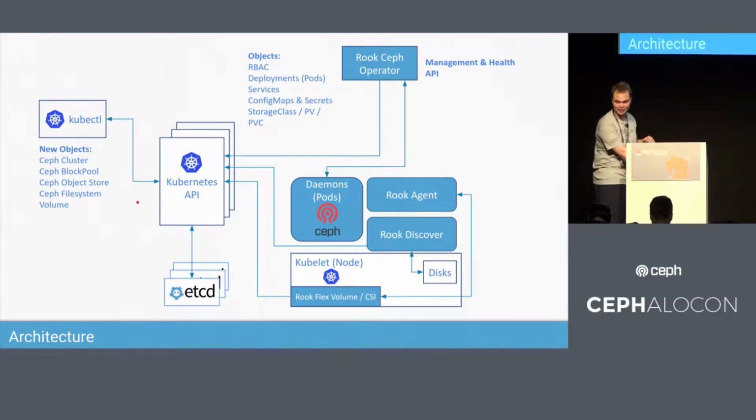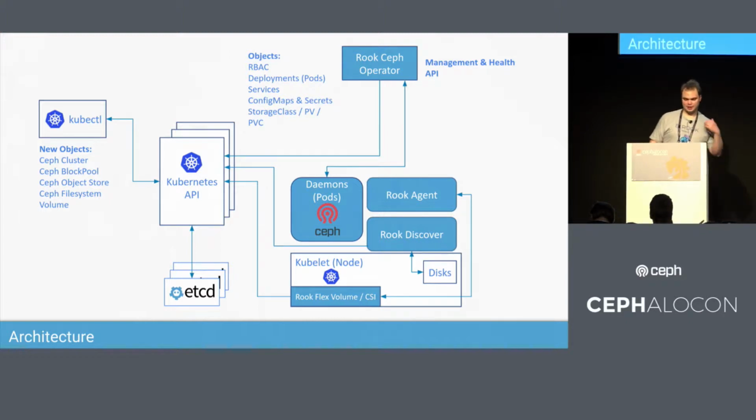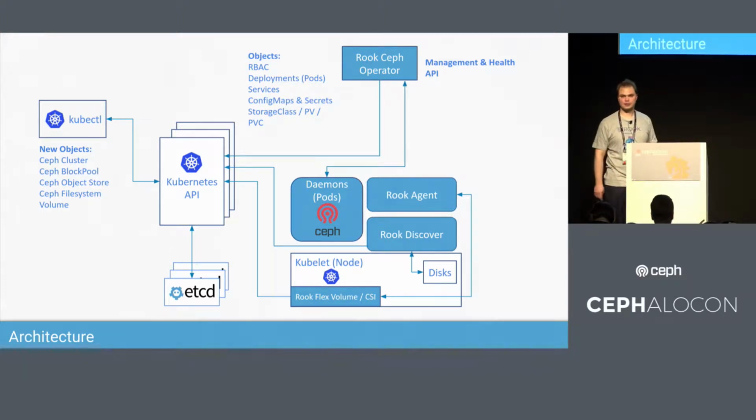Just from an outsider's perspective, you have your kubectl tool, which simply allows you to interact with the Kubernetes API. And as Rook brings in custom types, this means that as a user, if you want a new storage pool in your Ceph cluster, it's not a problem.